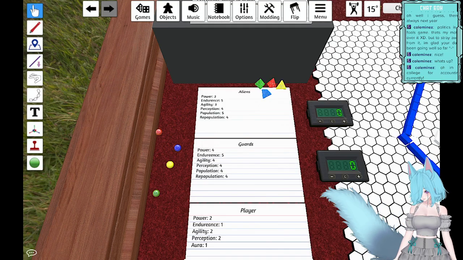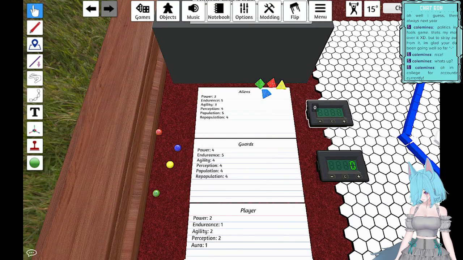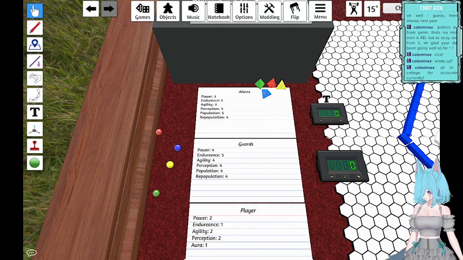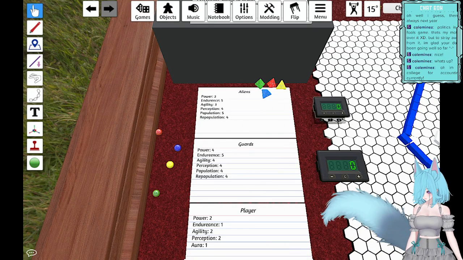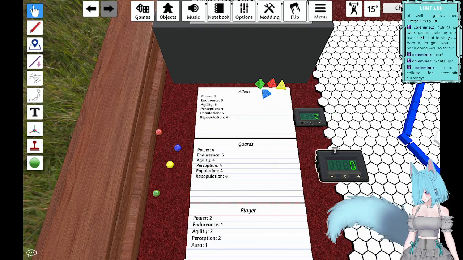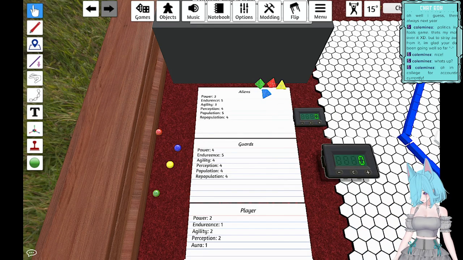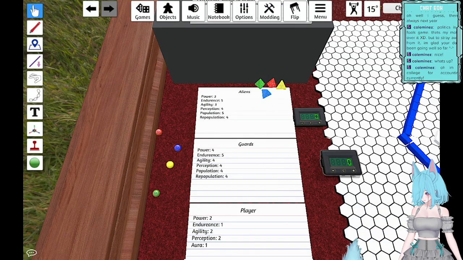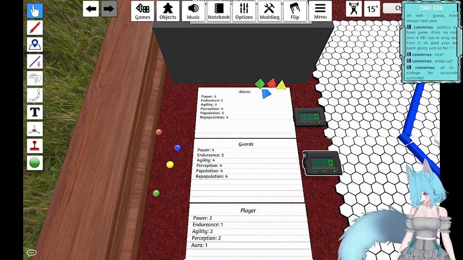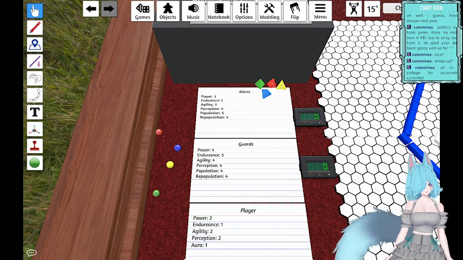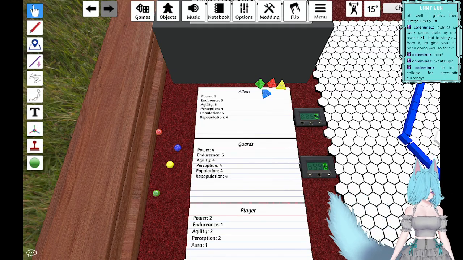So let's make them a bit smaller. This is actually the first time that I'm using Tabletop Simulator, but I think it's amazing for paper prototyping.